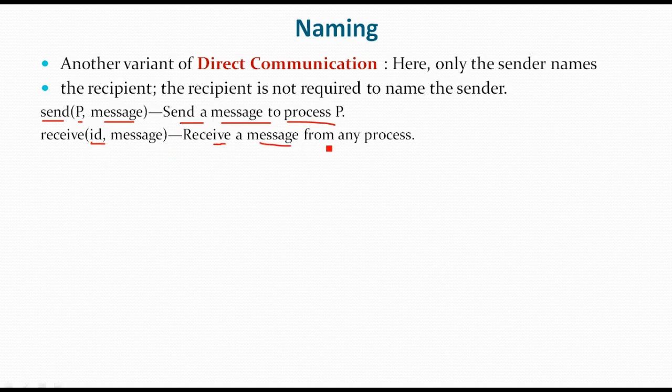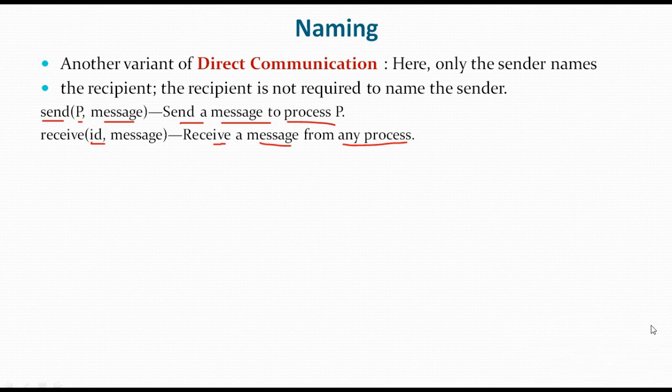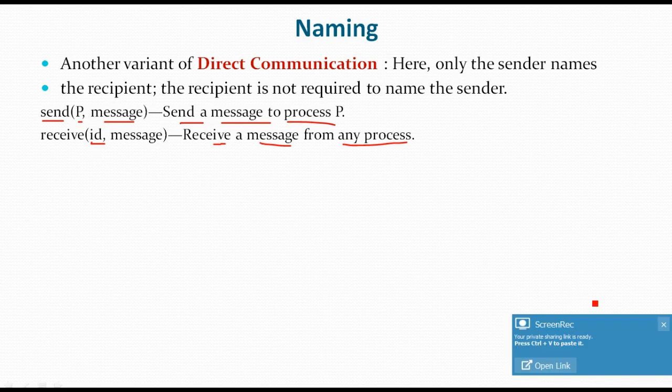If you write ID, you can receive a message from any process. So that ID might be Q, it might be A, it might be C, it might be D. Any processor can send a message and the receiver can receive a message from any process. So this is another variant in direct communication.